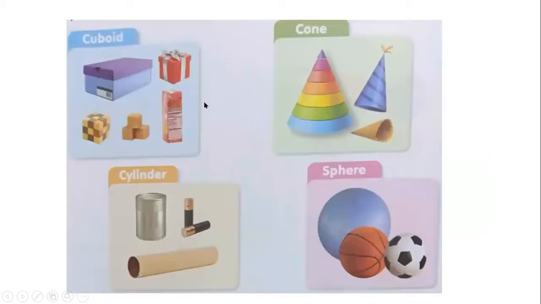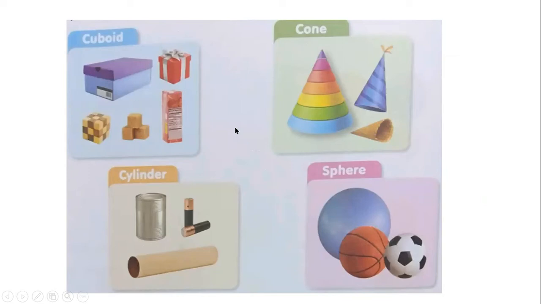These objects come in the shape of a cuboid. These ones come in the shape of a cone. Then these ones come in the shape of a cylinder. And then these ones come in the shape of a sphere.